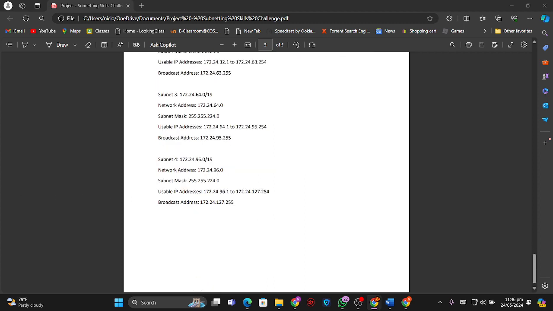And last but not least, we have our final subnet, which has a network address of 172.24.96.0, usable IP addresses ranging from 172.24.96.1 to 172.24.127.254.